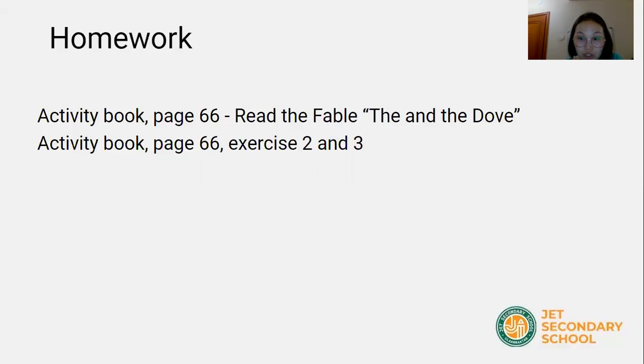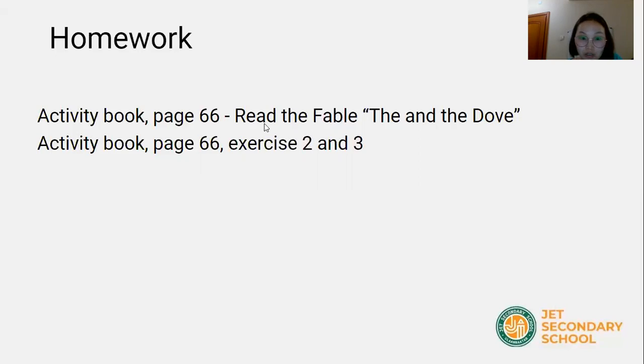Look up the new words if you find some, because when we meet on our Zoom meeting, I will be asking for the definitions of those new words.